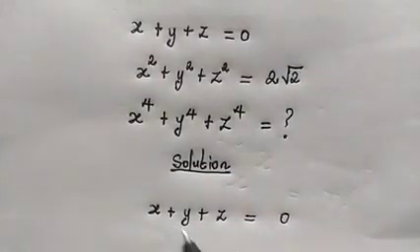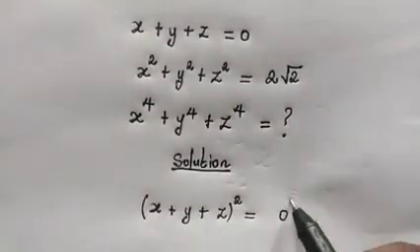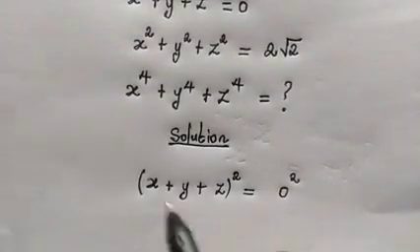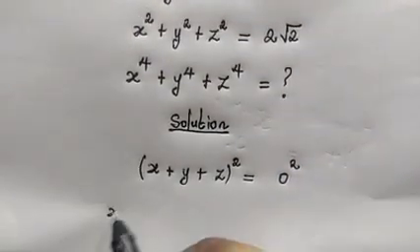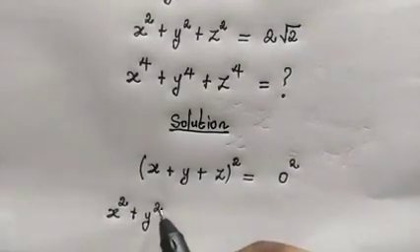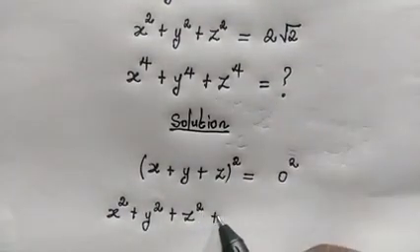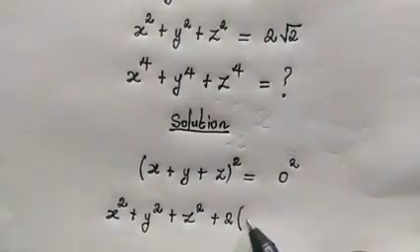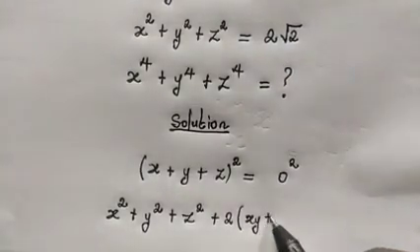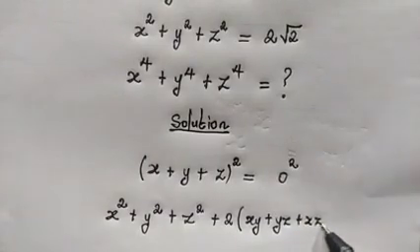Let us go ahead and square both sides of this equation. So squaring both sides, at the left hand side, if you expand this, we get the following: x squared plus y squared plus z squared plus 2 into bracket xy plus yz plus xz.